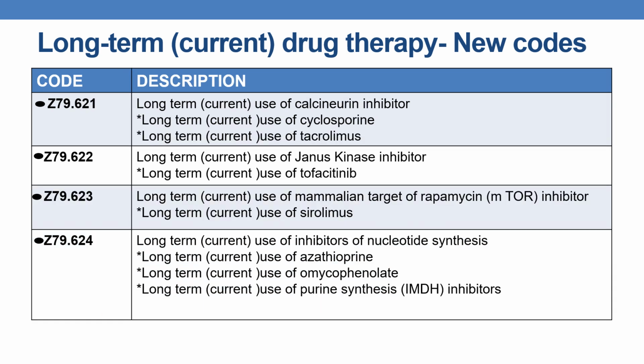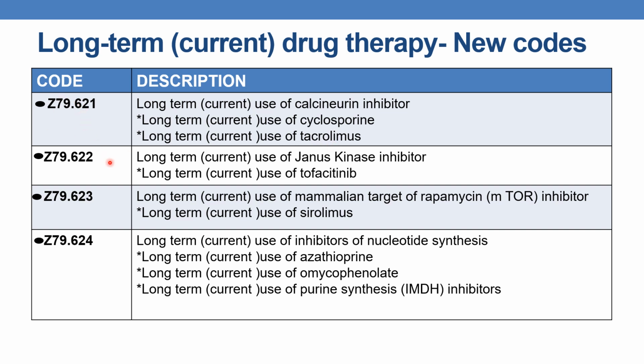The next code is Z79.621, long-term use of calcineurin inhibitor, or cyclosporin, or other drug tacrolimus. Whenever the physician documents long-term use of cyclosporin or long-term use of tacrolimus, the code is Z79.621.